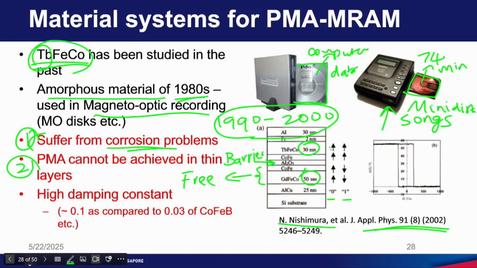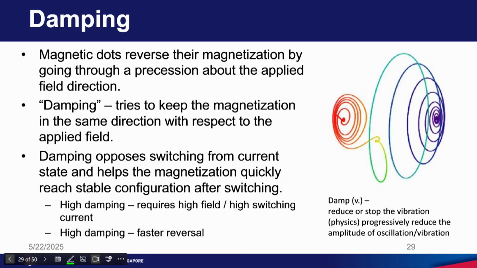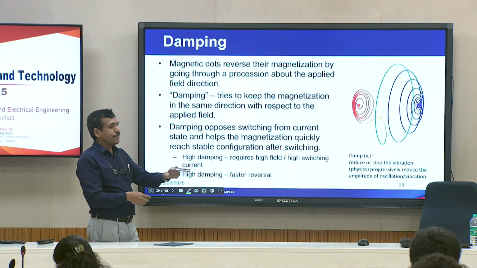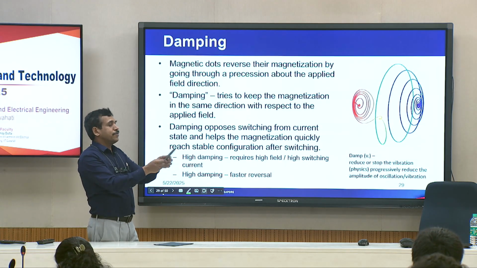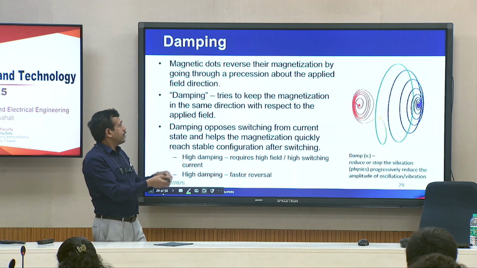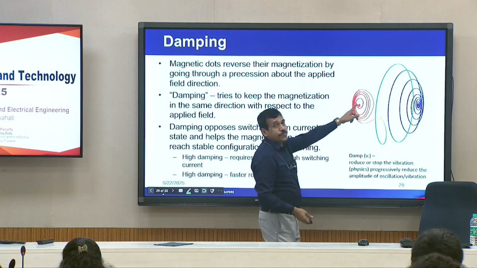The third problem associated with this material structure is the damping constant. Okay, I haven't explained what is damping constant so far. So next slide I will explain what is damping constant. So I told you that magnetization is the angular momentum. So if you switch the magnetization from one direction to the other direction, it precesses, then finally goes to the other side.